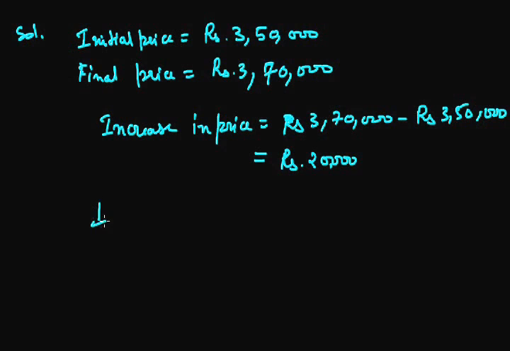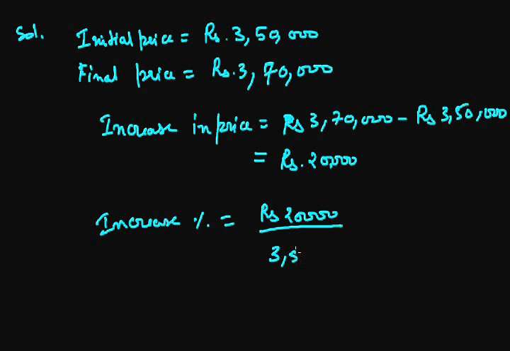Now the increase percent will be rupees 20,000, that is the change in value, upon the initial value, that is 3,50,000, into 100. Since we have to convert it into percentage, now 2 zeros will get cancelled by 2 zeros. Here again 2 zeros will get cancelled.